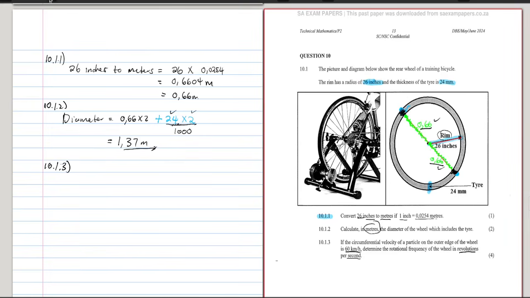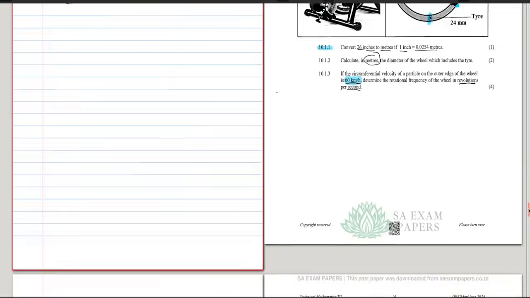You can see that the velocity is given to us in kilometers per hour. So we need to convert that to meters per second, because the solution required should be in revolutions per second, and per second can only be found in meters per second, not in kilometers per hour.